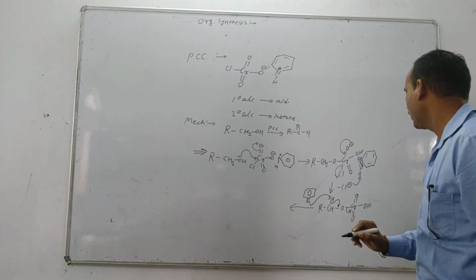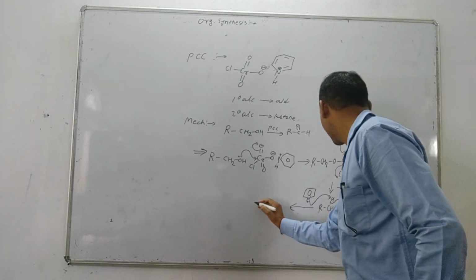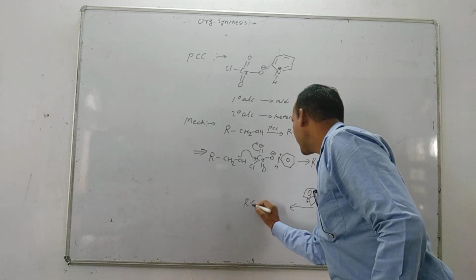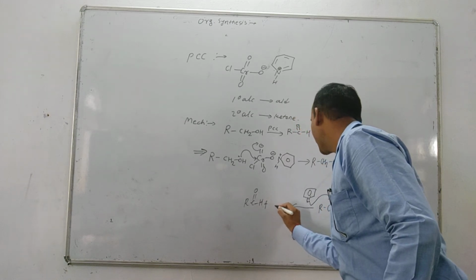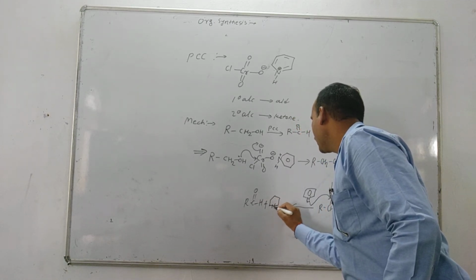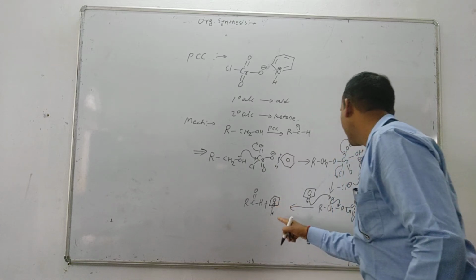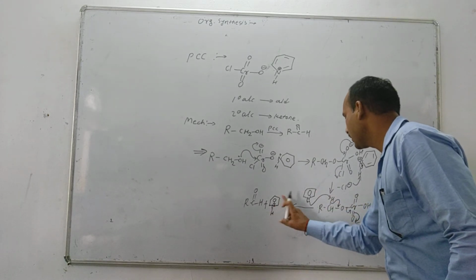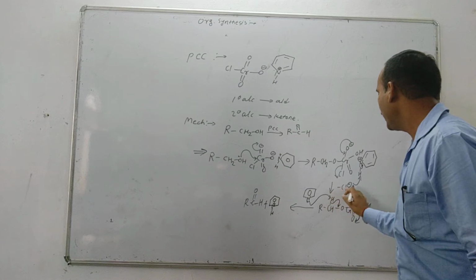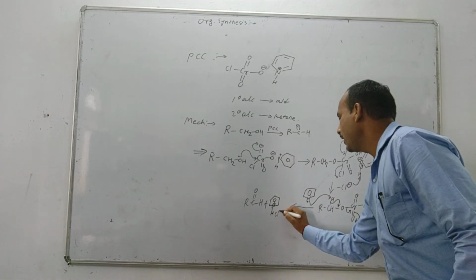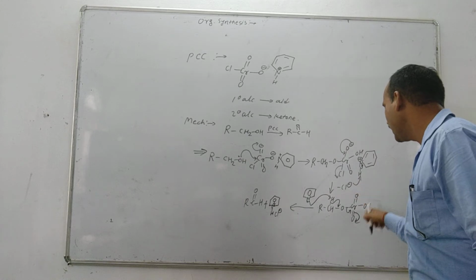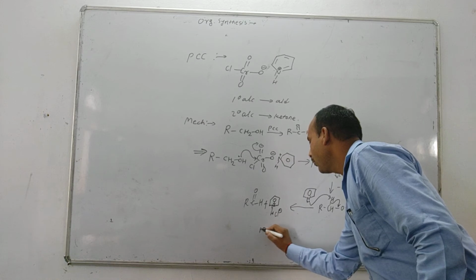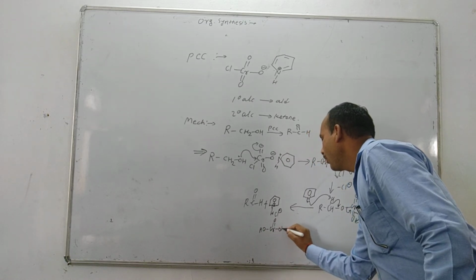Okay, so there is O minus, R C double bond O H plus, again there is pyridinium ion N H plus, and O minus takes the proton from the HCl, with formation of OH Cr double bond OH.